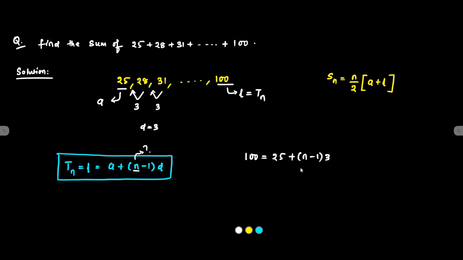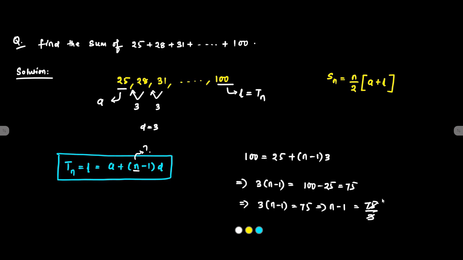That implies 3 into n minus 1 is equal to 100 minus 25, which is 75. That implies n minus 1 is equal to 75 by 3, which is equal to 25.